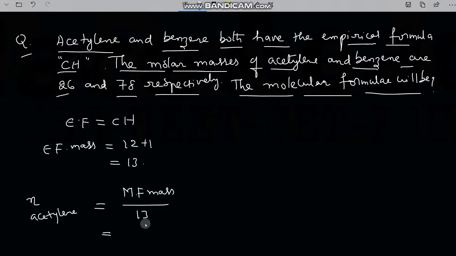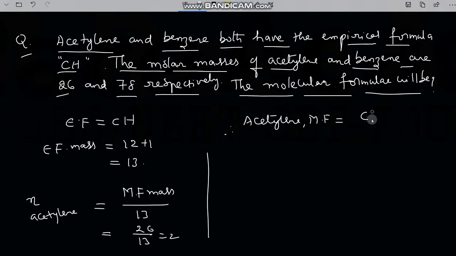They have given the molecular formula mass of acetylene as 26. 26 by 13 is 2. Therefore, what is the acetylene molecular formula? Molecular formula of acetylene is equal to empirical formula into 2. So it is C2H2.